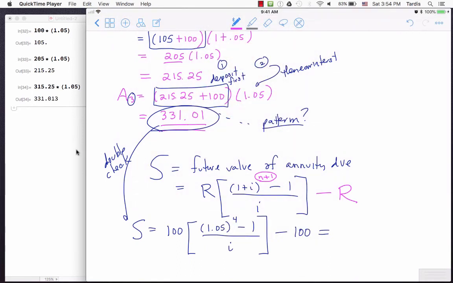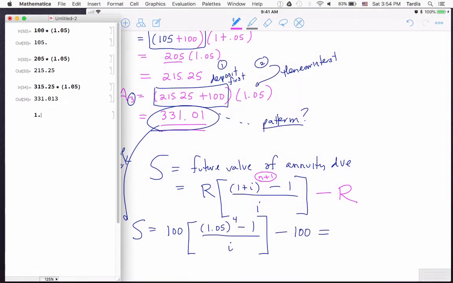I will go over here to my calculator. 1.05 to the 4th power, and if you subtract 1, you'll get 0.21551. You need to divide by 0.05. Then you need to subtract 100.